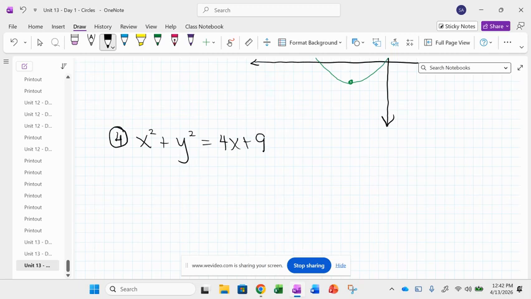So I want you to identify the center. I want you to identify the radius, and then I want you to graph. And I will tell you guys, the radius squared is not going to be a perfect square. So you're going to have to estimate the radical. You'll have to estimate the radical.